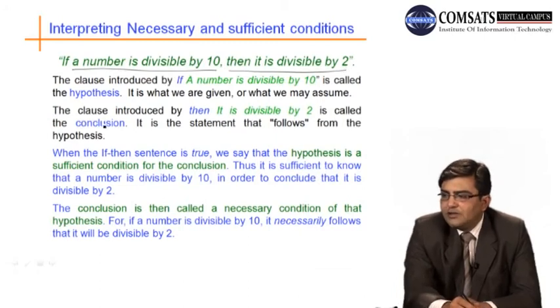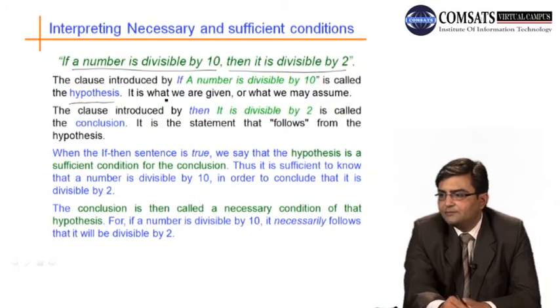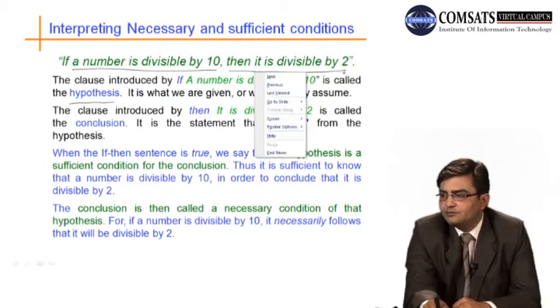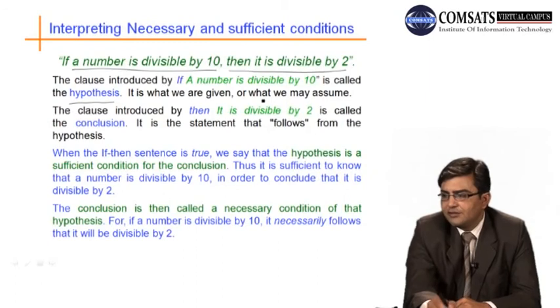What is the hypothesis here? The hypothesis is a number is divisible by 10. As I have told you earlier, it's called a hypothesis. And what is the conclusion? That number will be divisible by 2. So this is the conclusion.